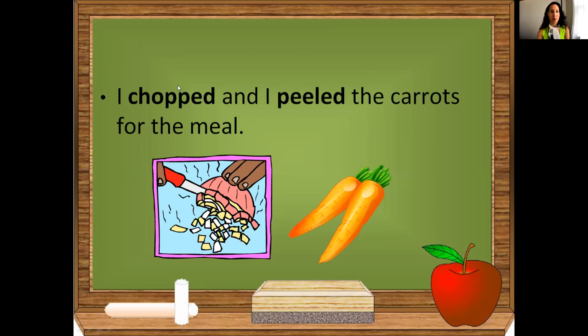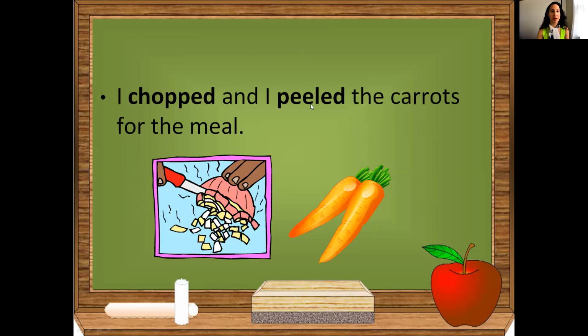Okay. What do we have here? And what do we have here? Do you know the sound? Remember, 3 sounds. T sound, D sound, and ID sound. I chopped and I peeled the carrots for the meal. So what sound was this one? Chopped. This is a T sound. So replace ED with T, and now it's chopped.